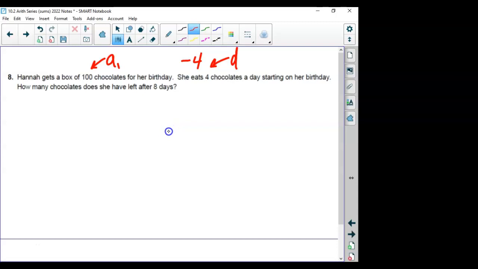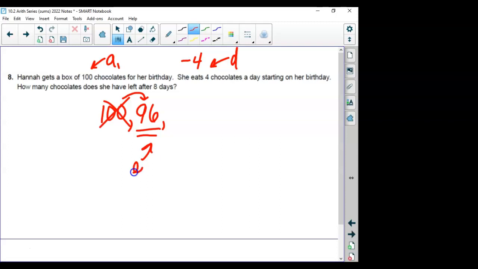How many chocolates does she have left after 8 days? Now we got to think about this. So the first day there's 100, but the second day she's down to 96. I'm thinking she ate them starting on her birthday. Don't you think so? So how many differences are we actually talking about? If this is actually the end of her first day, right?